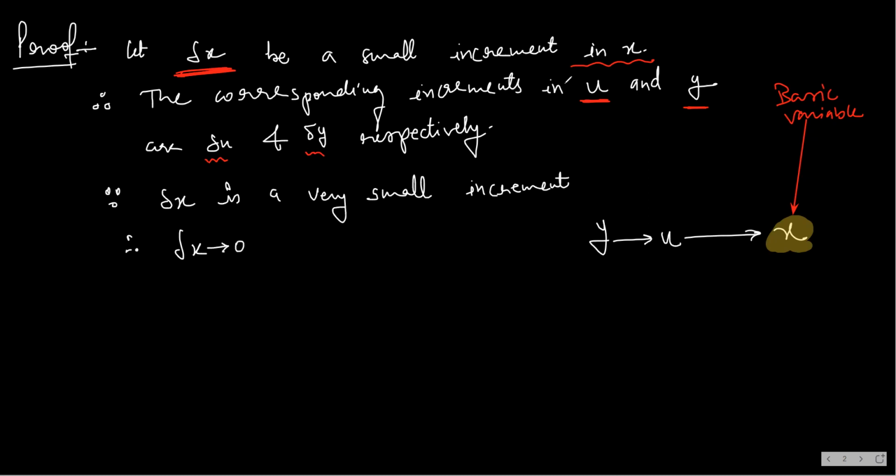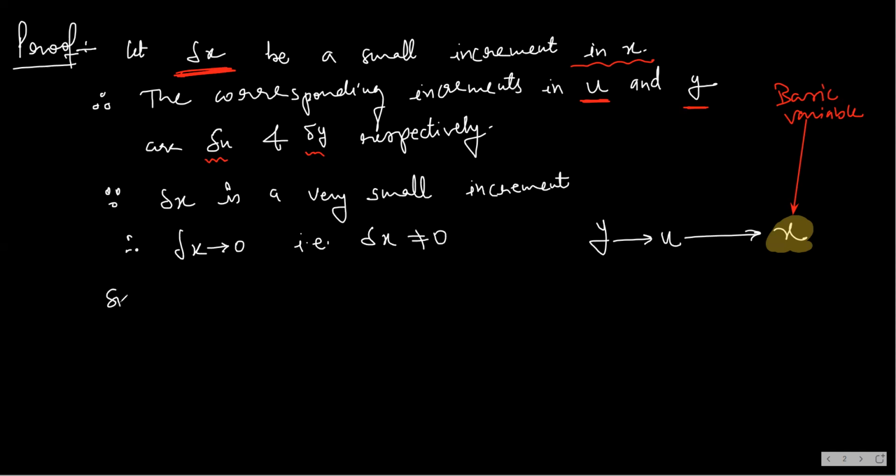Remember, delta x is very small. It is not equal to 0, it is only tending to 0. This small increment in x that you took is not equal to 0. That delta x is tending to 0.